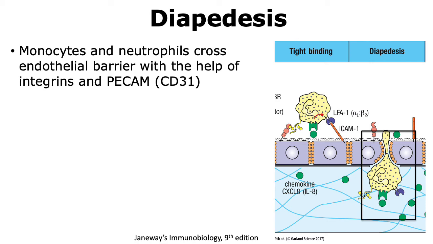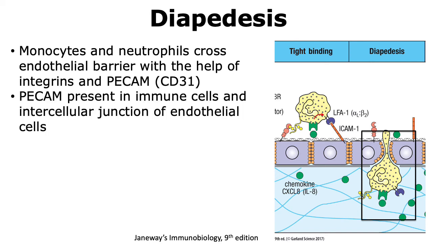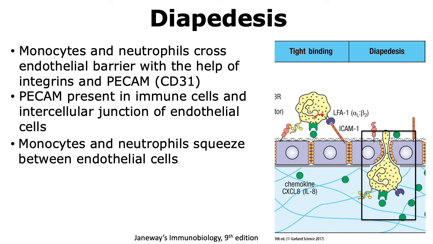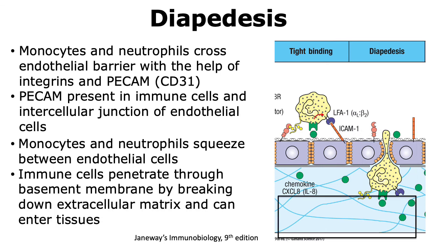This is facilitated with the help of integrins as well as other molecules called PECAMs. The PECAM is present in immune cells as well as the intercellular junction of the endothelial cells, and these interactions of integrins and PECAMs allow the monocytes and neutrophils to squeeze between the endothelial cells.